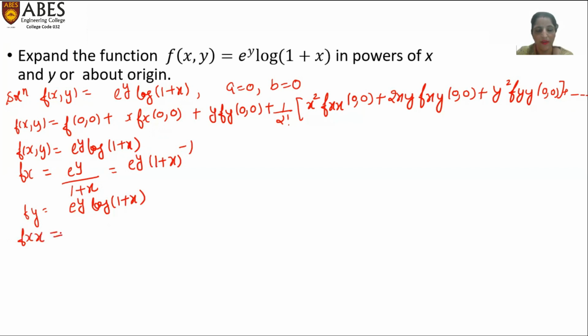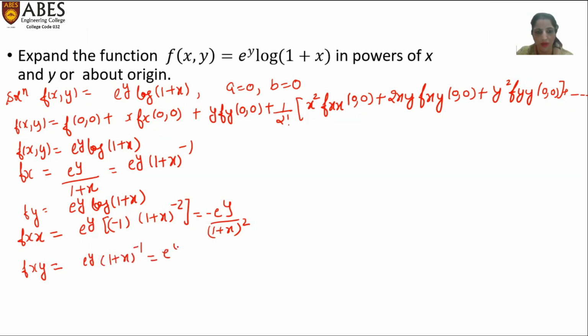The double derivative with respect to x is e^y times minus 1 times (1 plus x) raised to the power minus 2, or we may write minus e^y upon (1 plus x) square. Then the derivative f_xy with respect to y is e^y times (1 plus x) to the power minus 1, or e^y upon 1 plus x. Then f_yy, again with respect to y, is e^y log of 1 plus x.